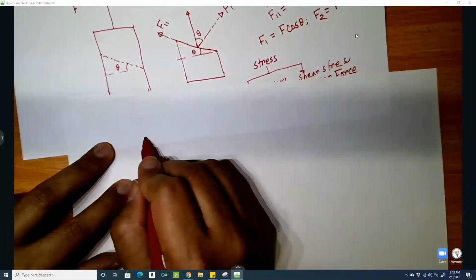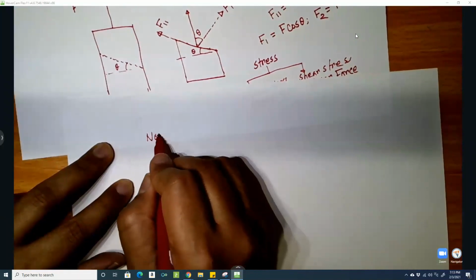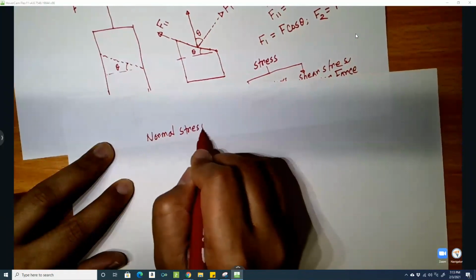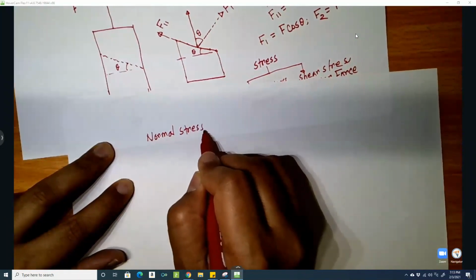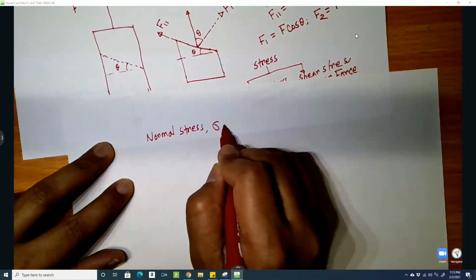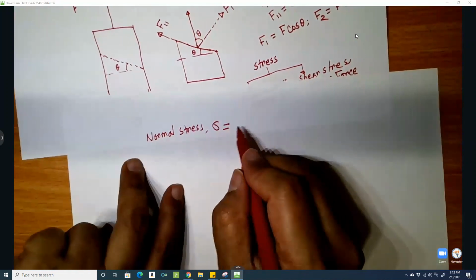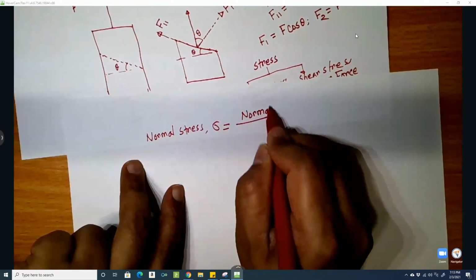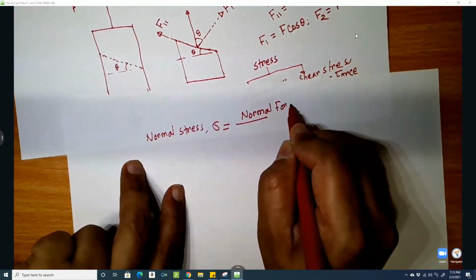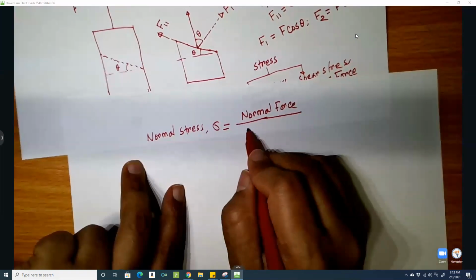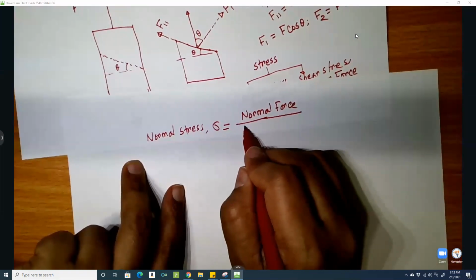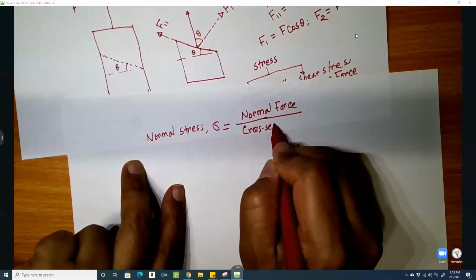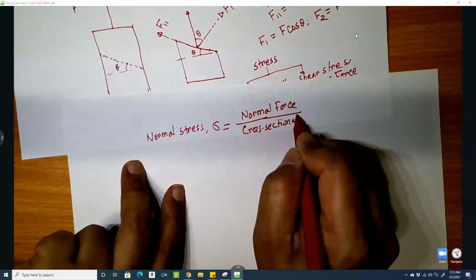So the normal stress, we define normal stress by sigma, is normal force divided by cross sectional area.